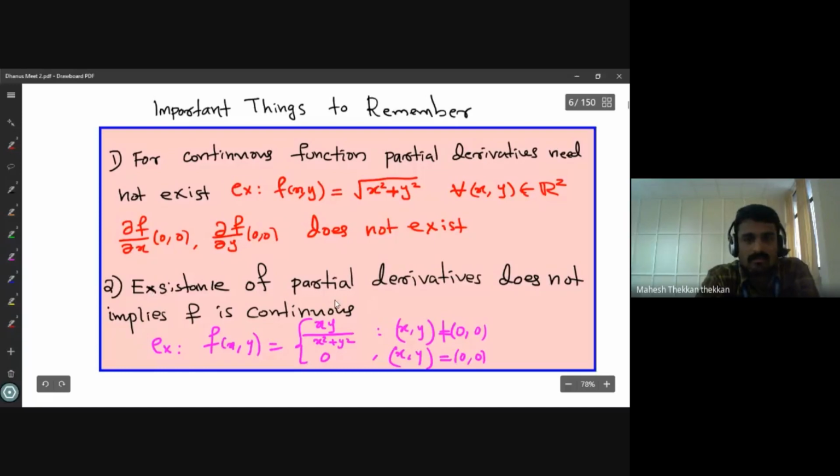Similarly, the converse is also not correct. The existence of partial derivatives need not imply that the function is continuous. This is the example I gave there.